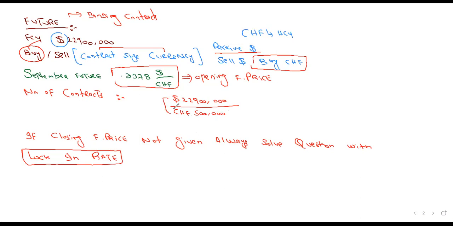If the currency is not same, the rule is divide the foreign currency with this opening future price. What are your number of contracts coming? 192.9. But the examiner said you should round off. So we can take 193 contracts.